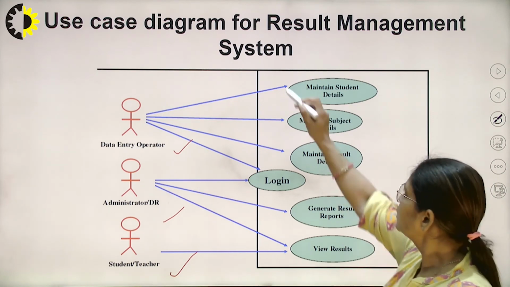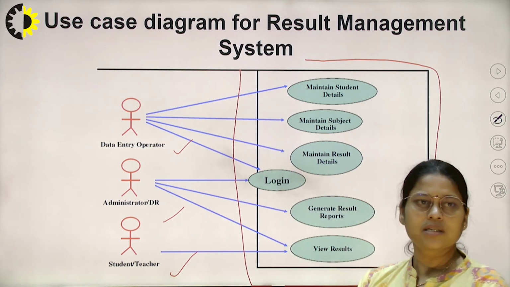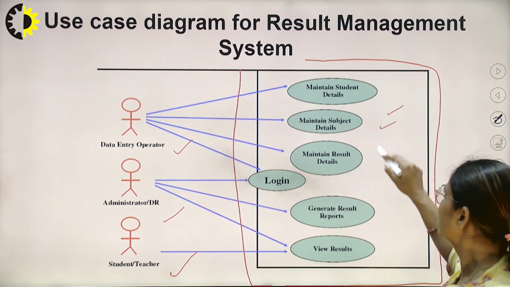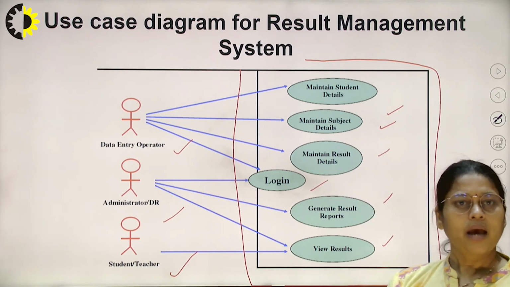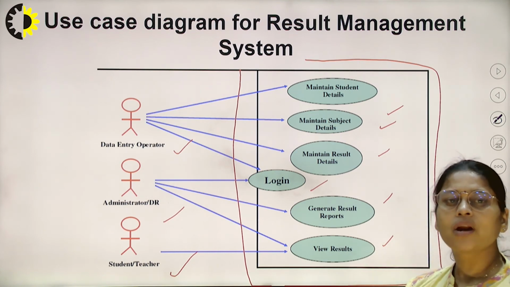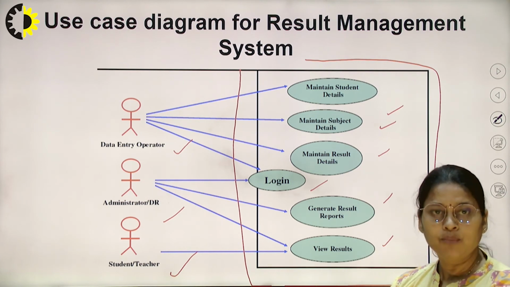This is the system boundary, the boundary of the system. These are the actors and these are the processes done by the actors. So it shows the functionality of the software, what the system will do after implementation.